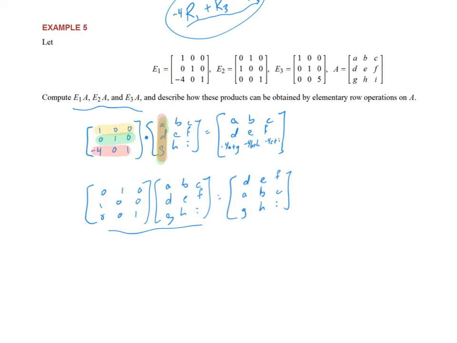So we've switched rows 1 and 2 by multiplying our elementary matrix times the matrix A.